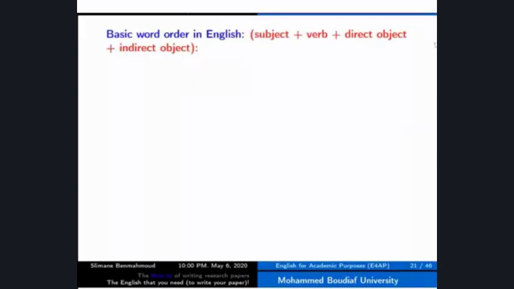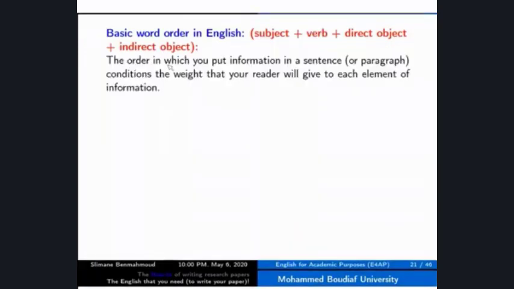The basic word order in English is the well-known one: the subject, then the verb, then its direct object, then its indirect object. The order in which you put information in a sentence or a paragraph conditions the weight that your reader will give to each element of information. What does this mean?